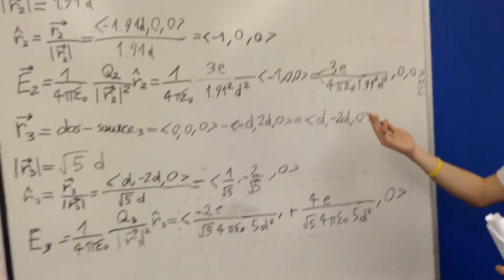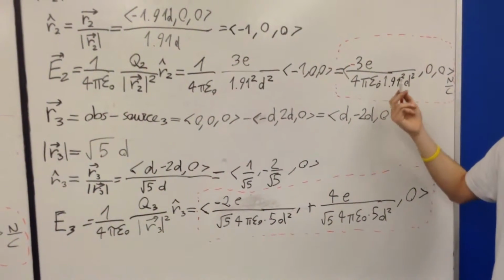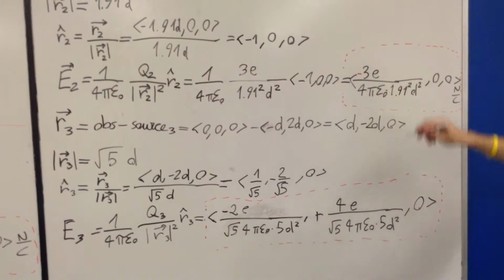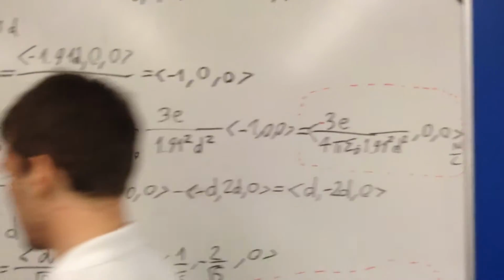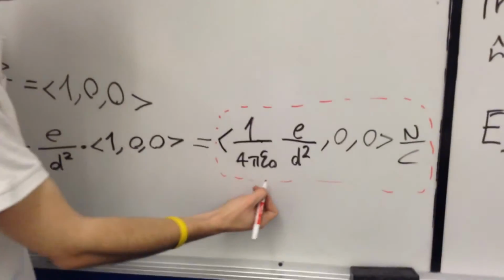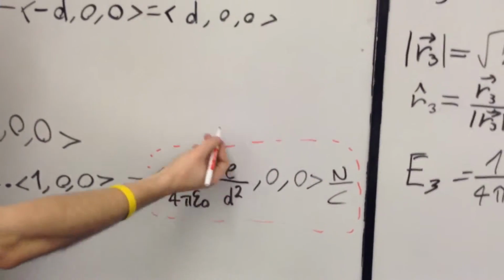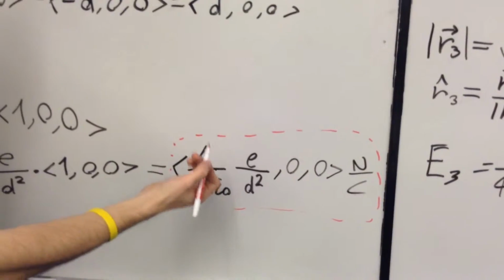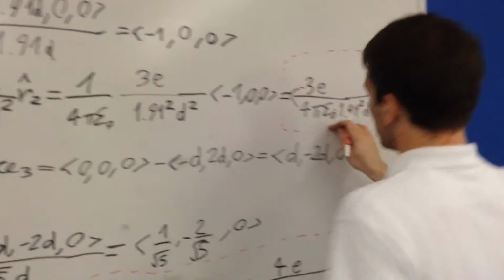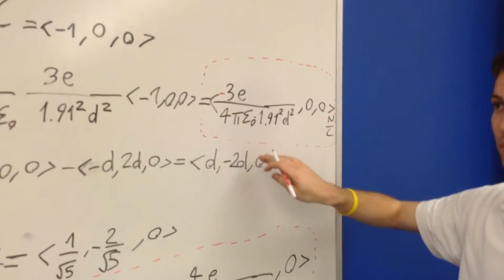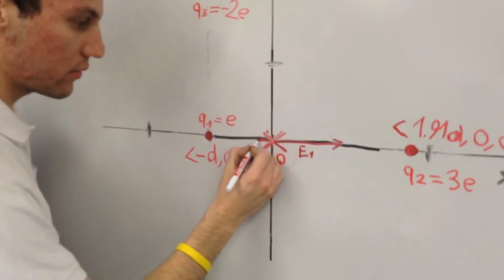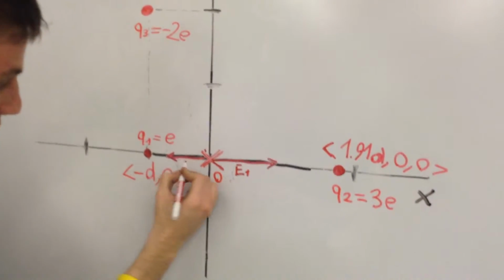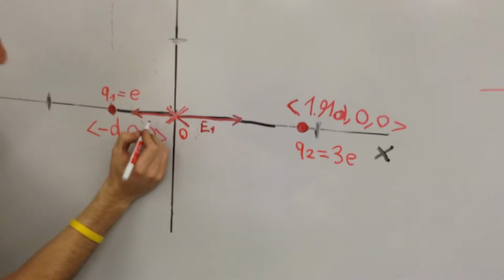You can notice that since x is negative, and since this is smaller than this x, because this is like 1, and this is like almost 3/4 of it, we can then draw E2 pointing away from Q2 in such a way that E2 is smaller than E1.